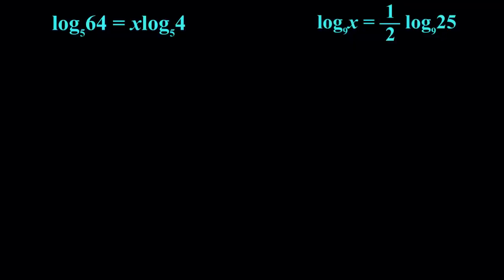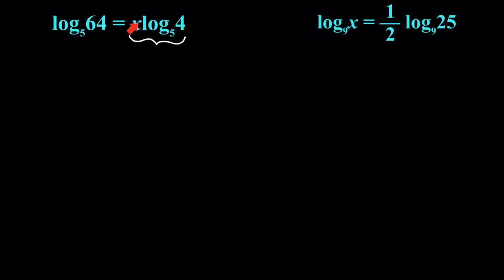All right, so the next problem, if you look at this and you see, okay, log base 5 of 64, there's not too much that we can do with that. On the right side, you see x times log base 5 of 4. Well, if you remember the property of logarithms, what can we do with this number that's in front of your logarithm?